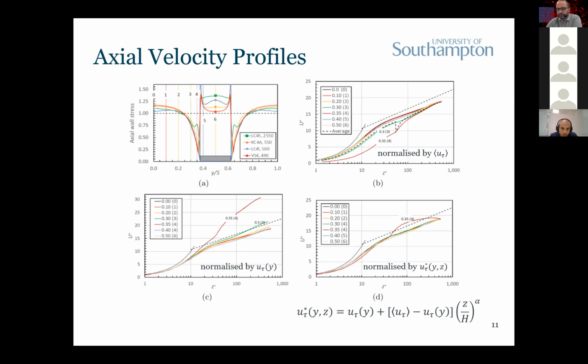As you can see, the curves collapse very well in the sublayer region, whereas there are deviations in the top of the boundary layer, because obviously the local U tau is working very well with the near wall region.